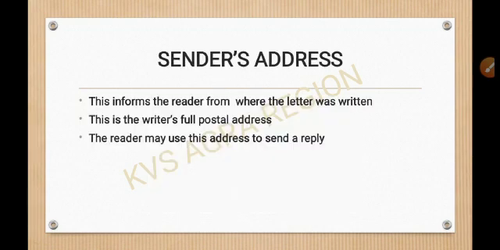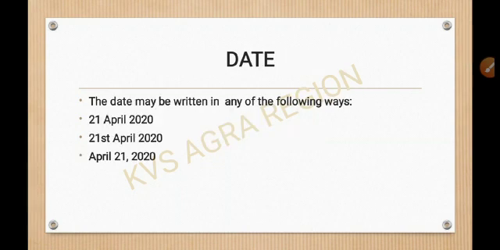Now let's discuss the format in detail. The very first thing is sender's address. Why is this important? This informs the reader from where the letter was written. This is the writer's full postal address. The reader may use this address to send a reply also. Then comes the date.